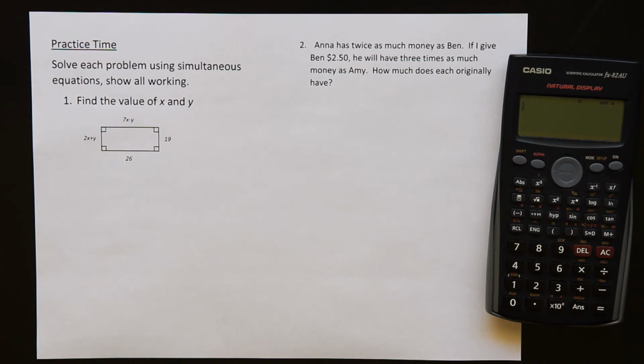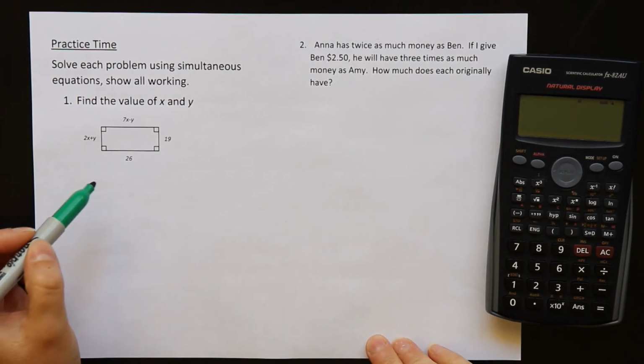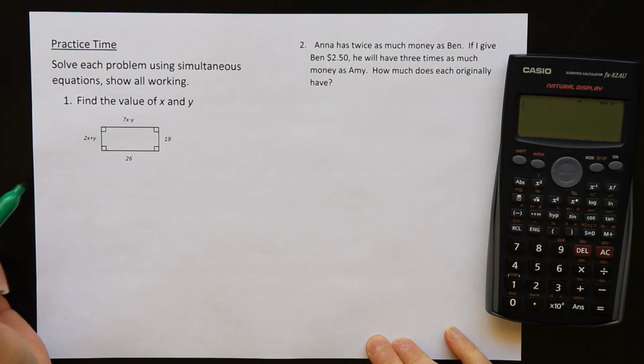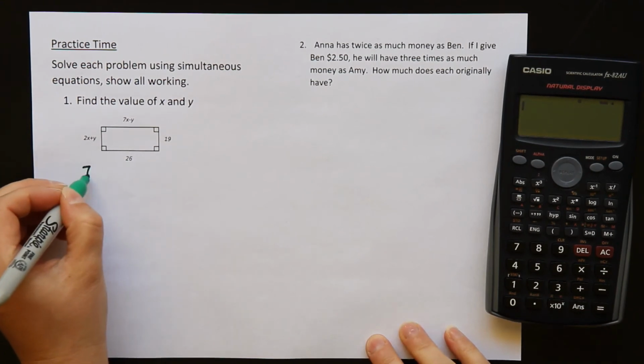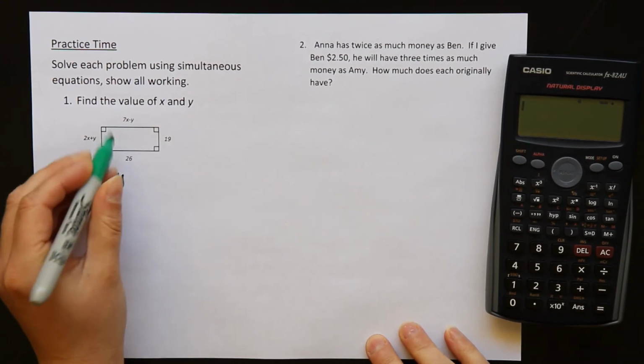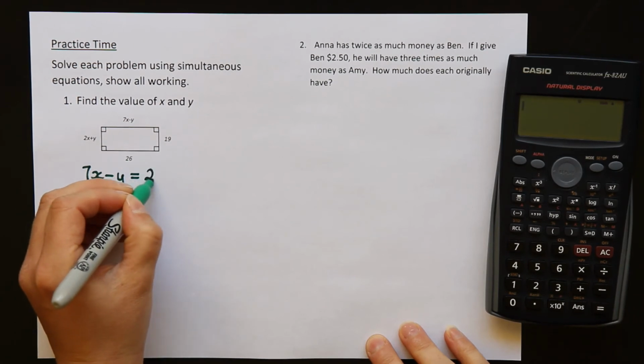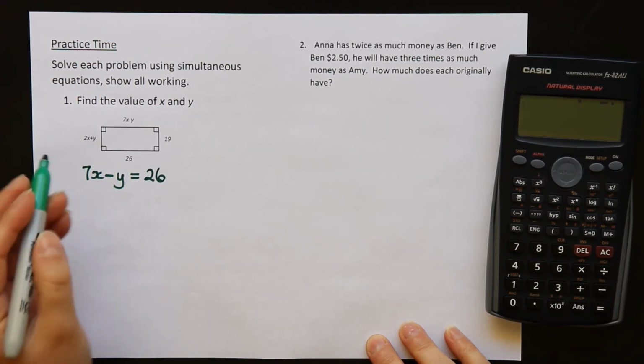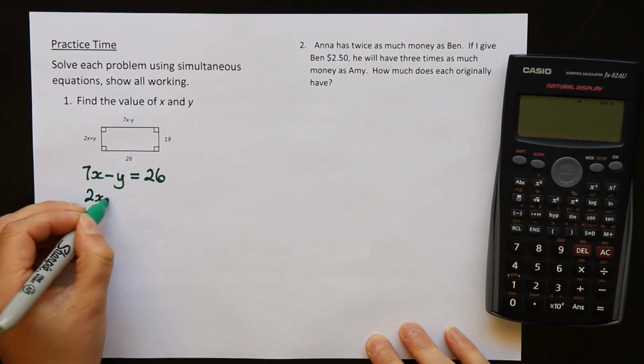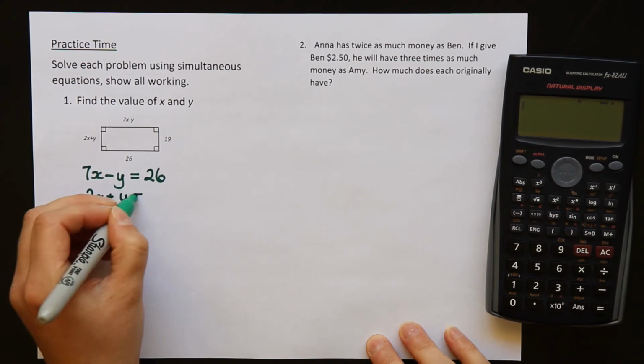Okay, in question 1, we have got a rectangle here. Now we know that a rectangle has opposite sides equal. So that would mean that 7x minus y would be equal to 26. And it would also mean that the 2x plus y is equal to 19.